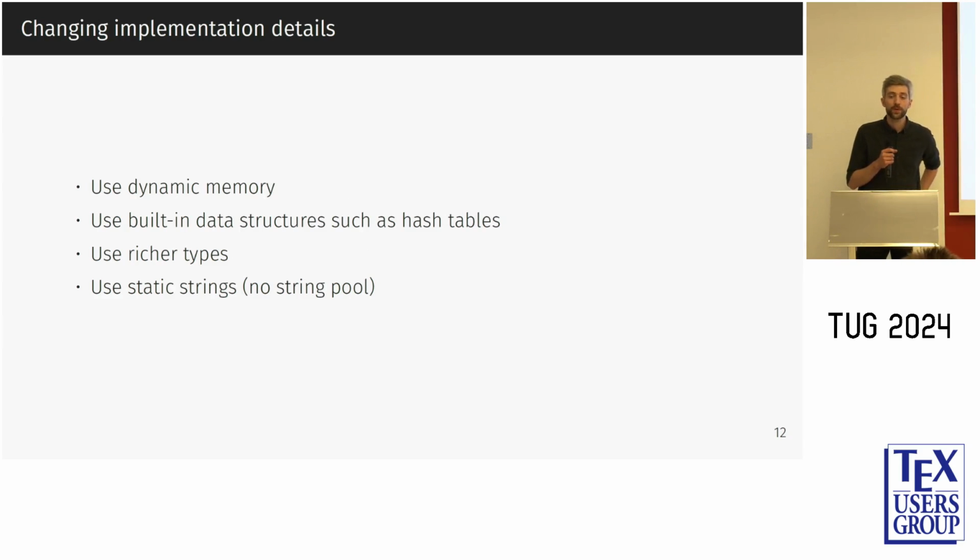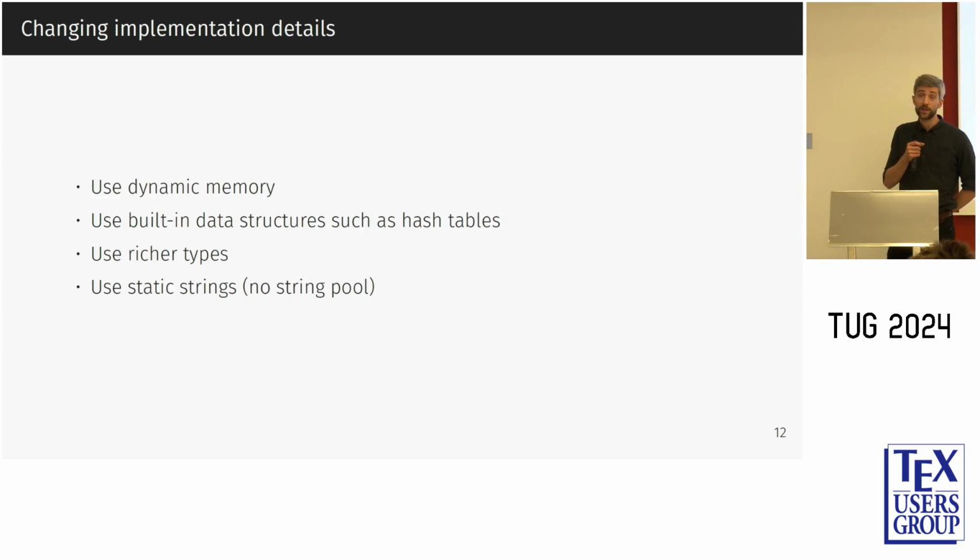The things that I was hoping to improve in this process was to use the actual dynamic memory that comes with the language, so that you don't have to have these static arrays, and that allows you to get rid of some constraints. You can easily grow the memory and adapt it to the usage of your TeX files.